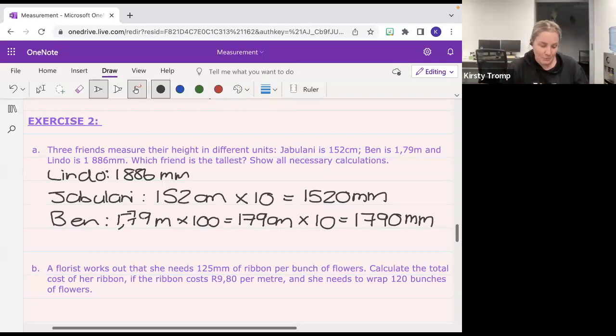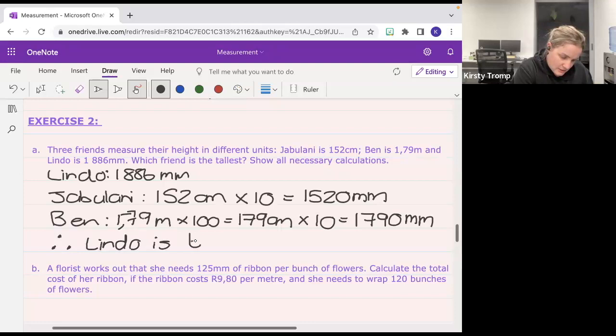So now can I compare them? Yes, I can. Which friend is the tallest? We're going to say, therefore, Lindor is tallest. How do we know he's the tallest? Because 1,886 is the biggest number.